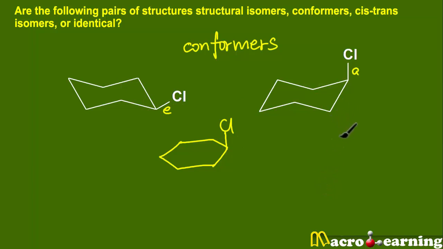So they're not cis-trans isomers either, because for one thing, we have only one substituent on each ring. There's no such thing as cis-trans configuration here. Also, configurational isomers cannot be obtained by giving thermal energy to one isomer.